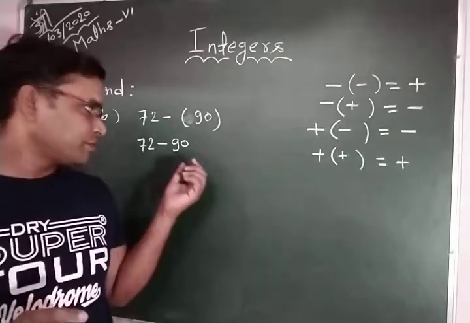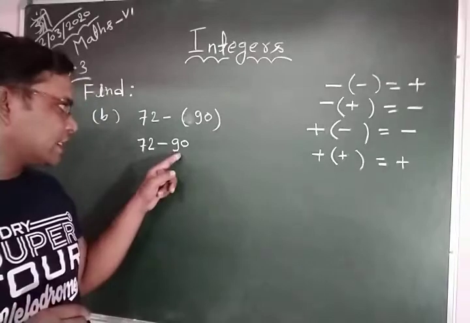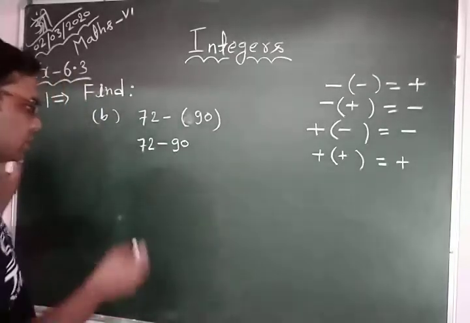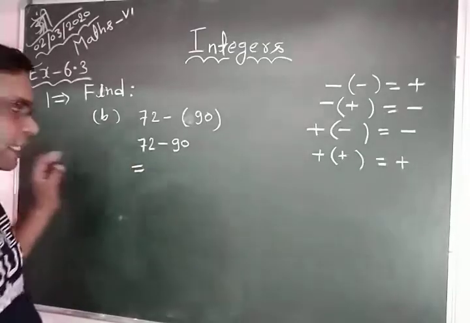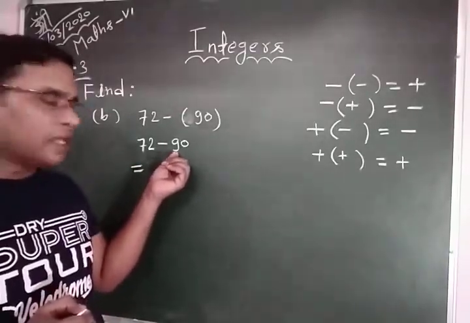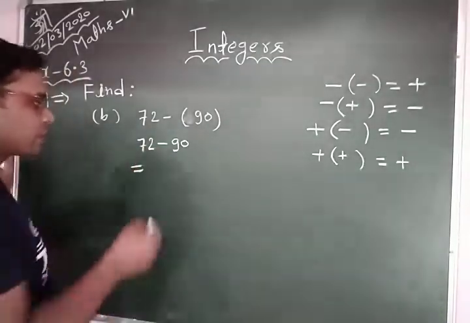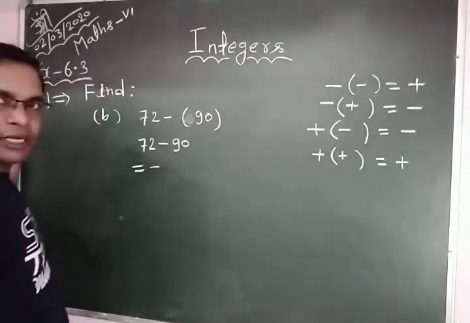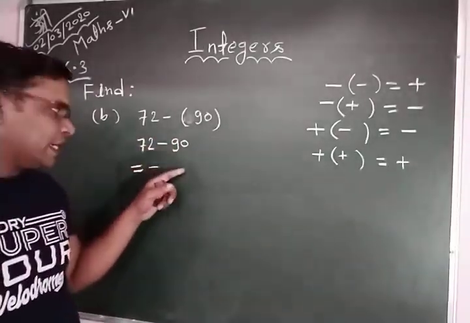So here subtraction is done. 90 is greater than 72, so first we write the sign of the greater number. The greater number is 90 and the smaller number is 72, so the sign of 90 is minus.